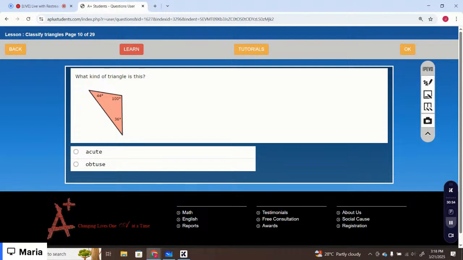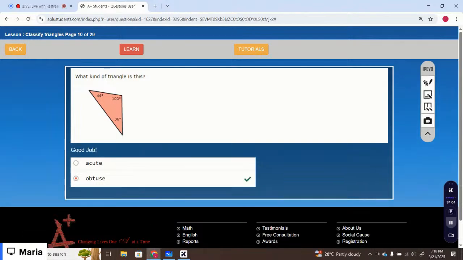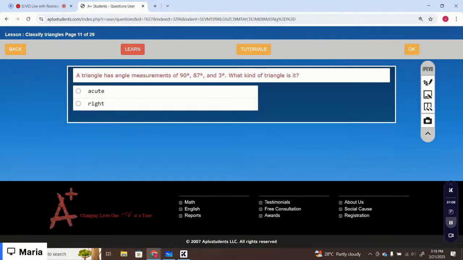What kind of triangle is this? That is an obtuse triangle. Option number two is the correct option.